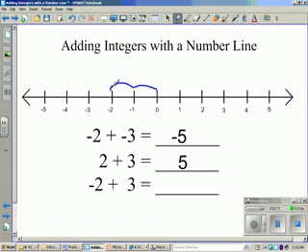We're going to backtrack a little bit. 1, 2, 3 units to the right. And when I'm done making my moves, I ended up at the +1 place on the number line. So the answer is +1.